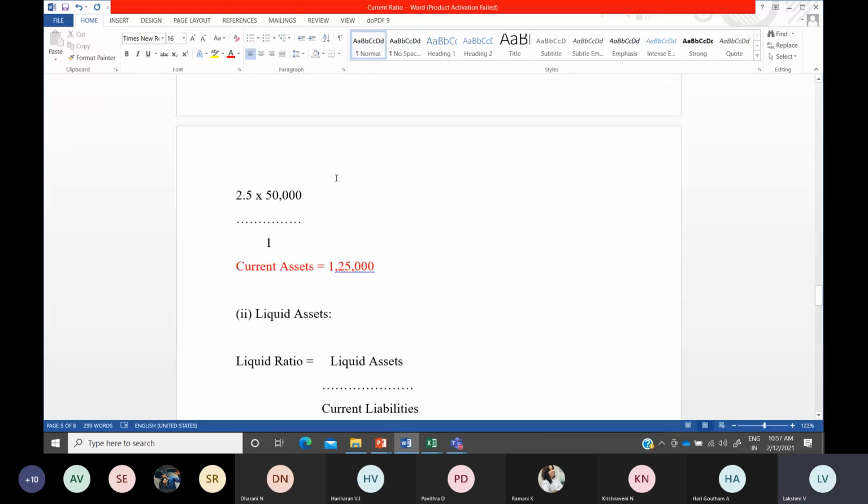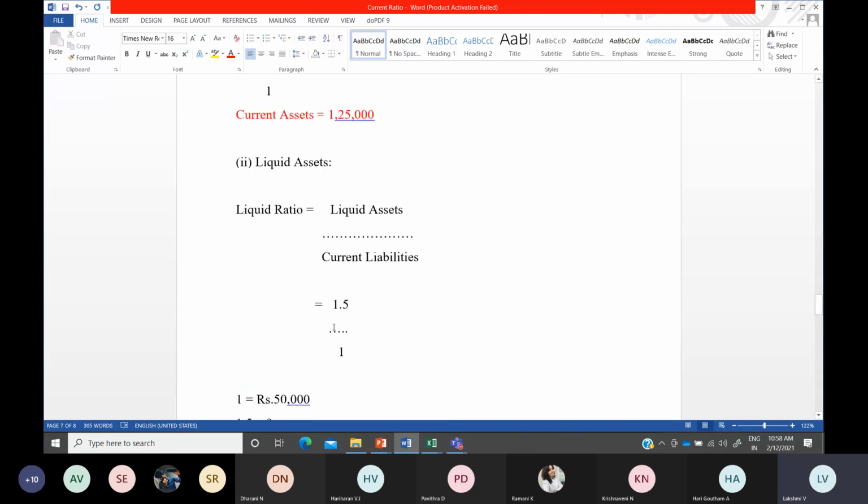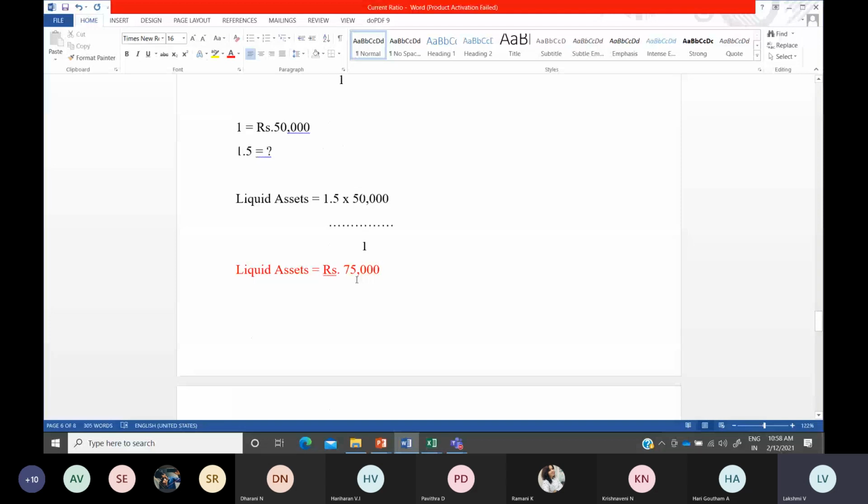So inventory is equal to current assets minus liquid assets. If I do that, I can find my inventory. The current assets amount is 1,25,000, which we got, and the liquid assets amount is 75,000.